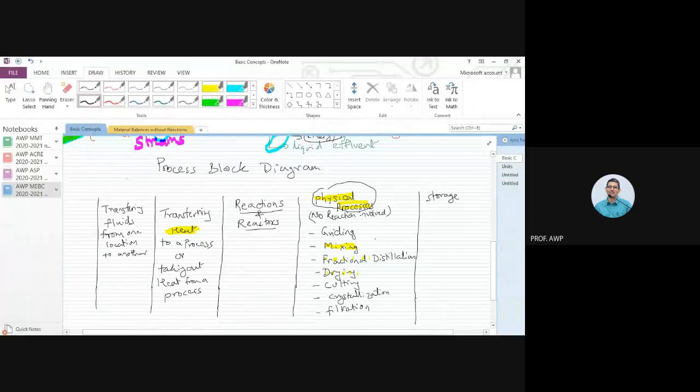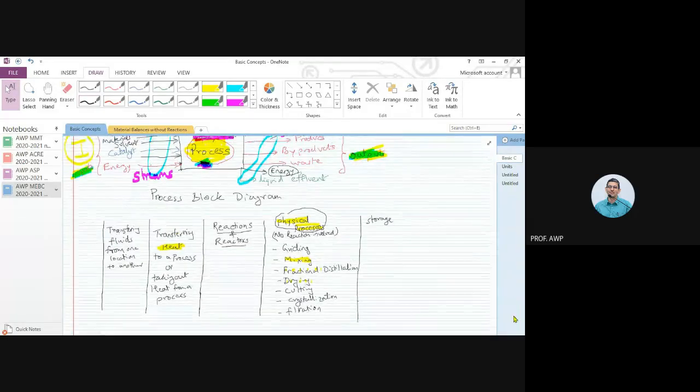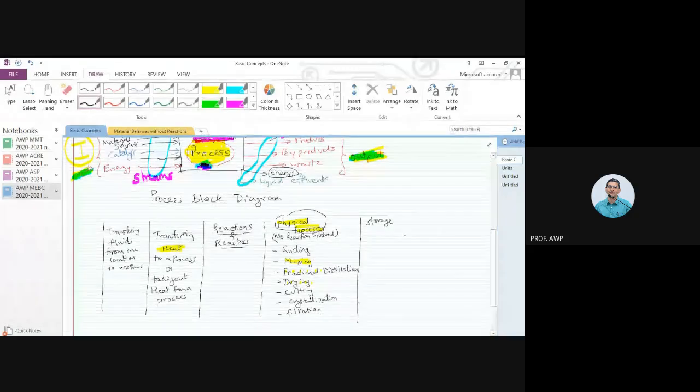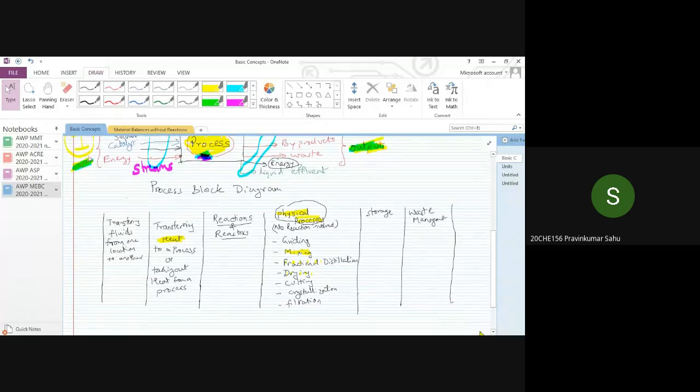Okay, storage. What else do you think are common features to all these processes? Waste management. All right. What else? Calculations for yield.